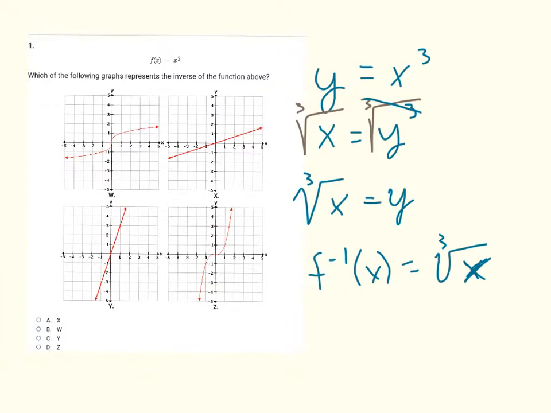And so which graph here represents the cube root of x? That's going to be W. And if you were ever unsure of that, you could create a table and test some points, or you could use your graphing calculator to graph the cube root of x and see which one matches.